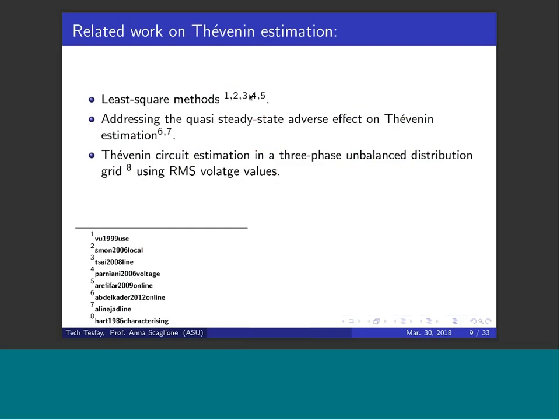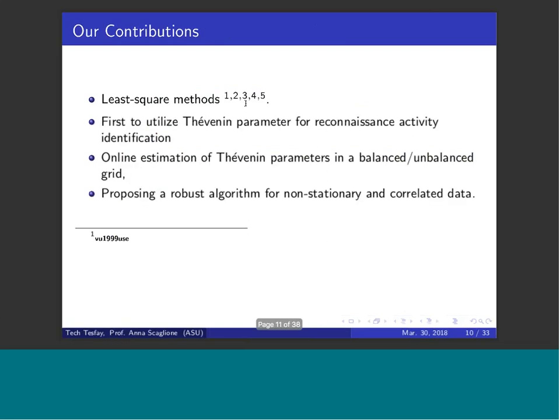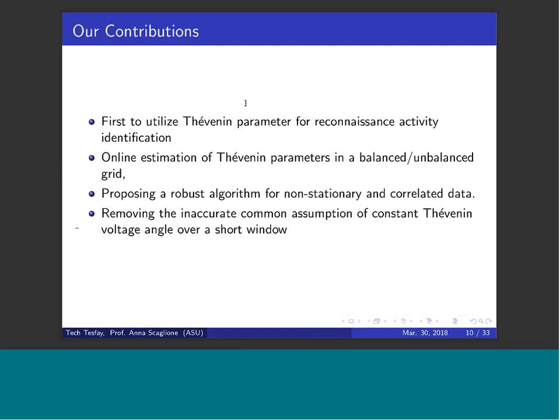Before going into how we do this using Thevenin estimation, there has been several work done on Thevenin estimation using least squares methods, and each one of these methods has its own pros and cons. But the way we formulate our Thevenin estimation algorithm has specific advantages, and our contribution in this work is that we are the first to propose a Thevenin parameter estimation based reconnaissance activity identification method.